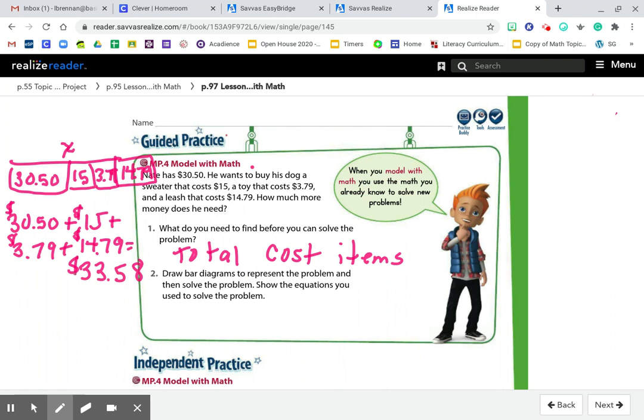Line all your values up, you get your total cost. So that's the first thing you're going to do.